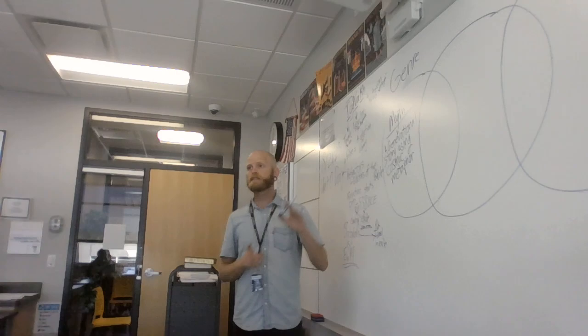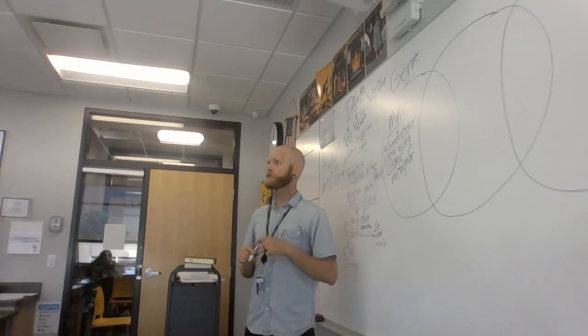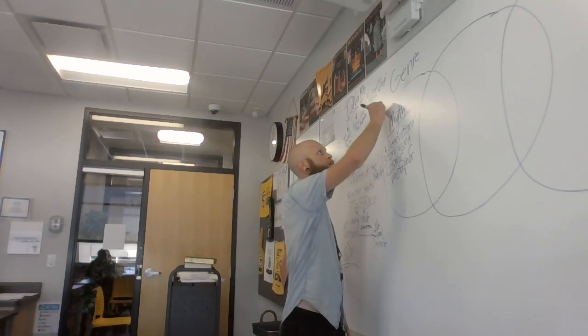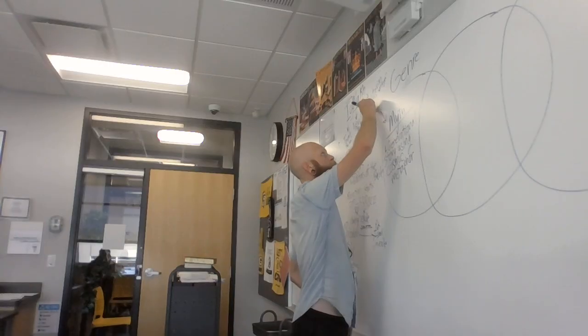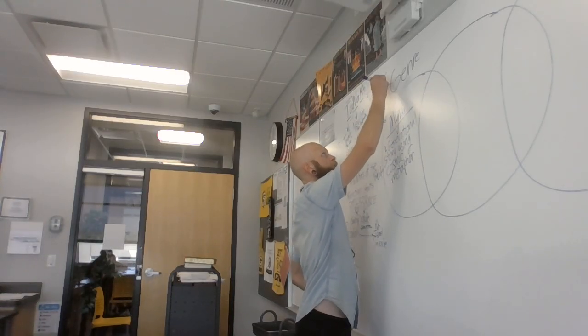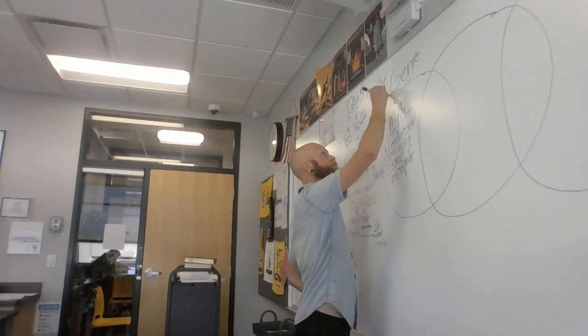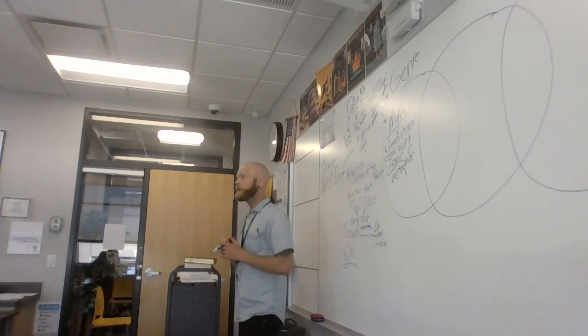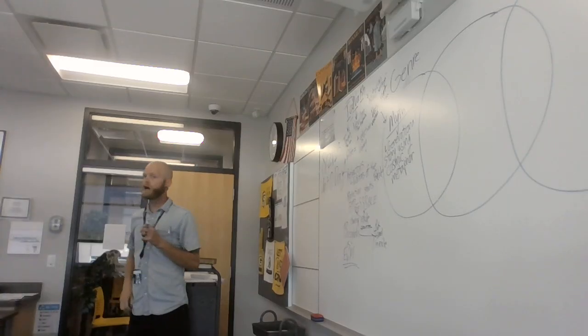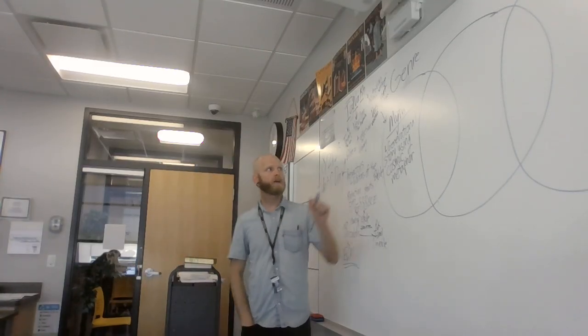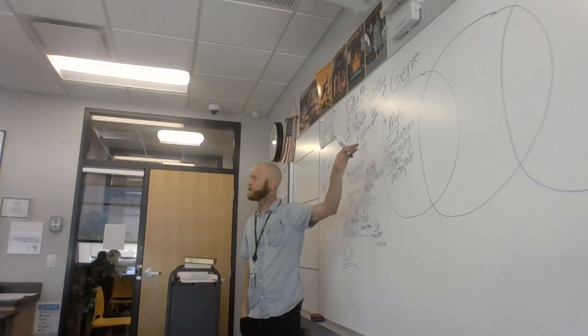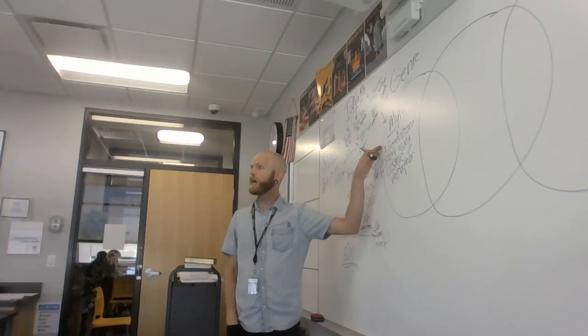I want you to write something, like put an arrow to it or write it to the side: does not mean fake. Because of the way we use the word myth in modern English, we say, oh, that's a myth, and we mean somebody's wrong or it's fake or it's a lie, right?